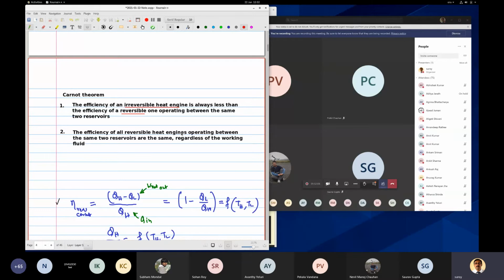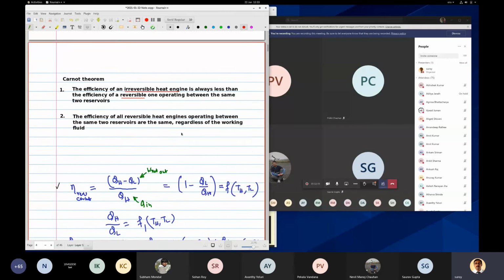So two things. One is the reversible heat engine has the maximum efficiency, and all reversible heat engines operating between the same temperatures have the same thermal efficiency. Okay, same efficiency.